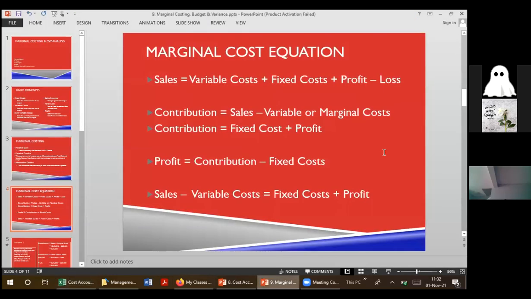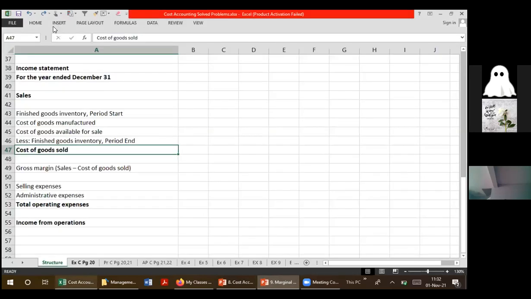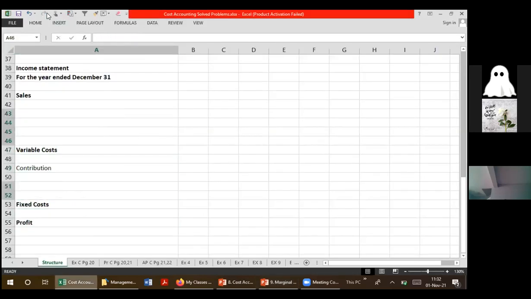So we will have contribution first instead of gross profit, and contribution will be calculated as sales minus variable cost. We can also calculate contribution by adding fixed cost and profit. It will be the same thing. So this is contribution, that is sales minus variable cost.